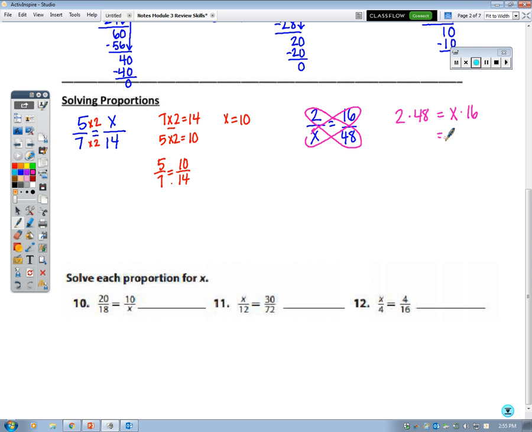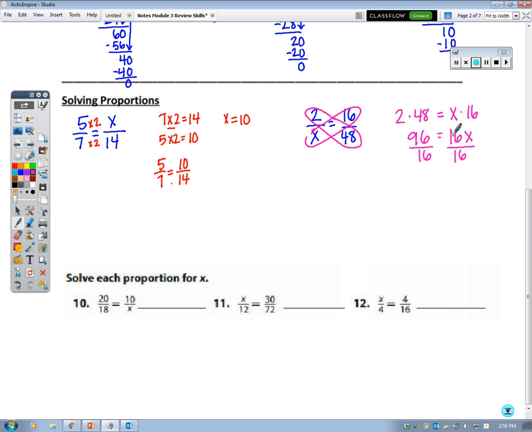Now remember that you can always write multiplication as 16x. That means 16 times x. You can use the dot or you can use the little x, but when we're using x as a variable, that can be confusing. So 2 times 48, that is 96. And now I have 96 equals 16x. So I know this is multiplication. To solve, I have to reverse this. So I'm going to divide by 16.